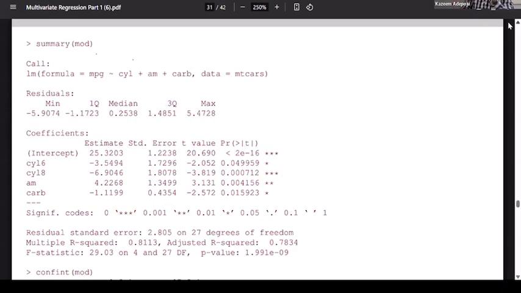Now, for instance, if I want to conduct a test that I showed you on Monday, where I have H naught, the null hypothesis is beta 1 equal to 0, beta 2 equal to 0, all the way to beta p equal to 0.